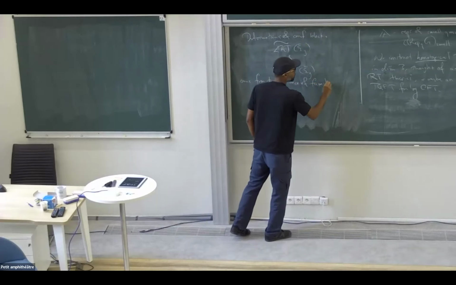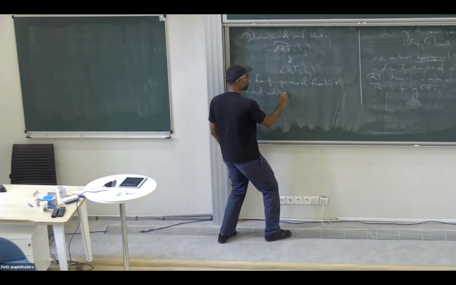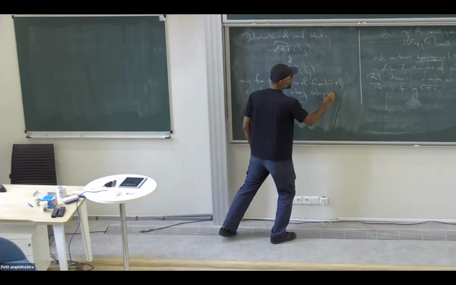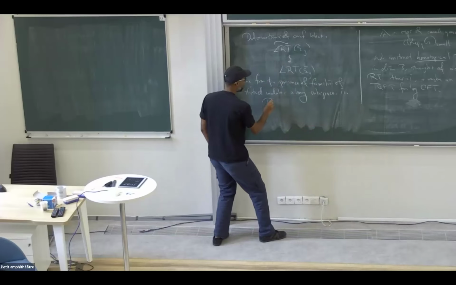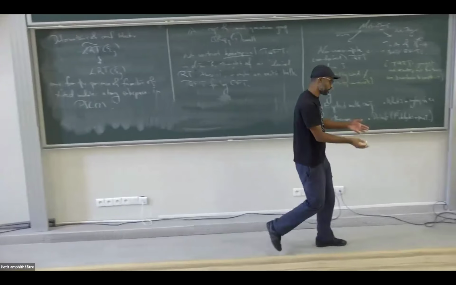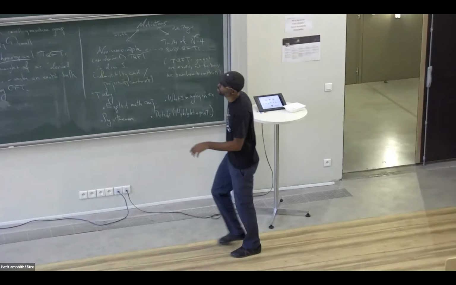of families of twisted modules along subspaces in this sense. So not only should I be able to take twisted modules for different group elements, but these things should come in families.